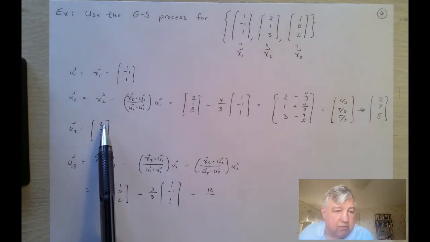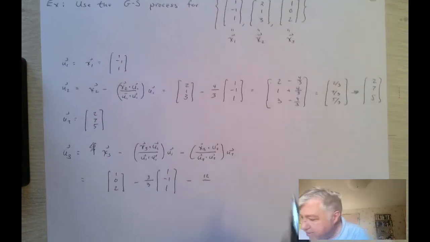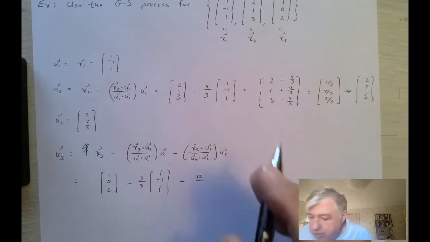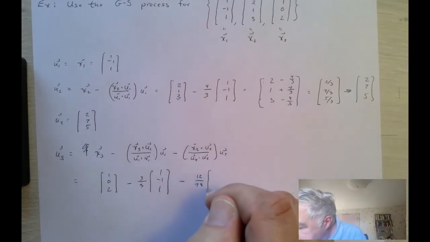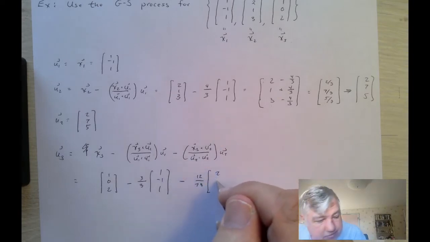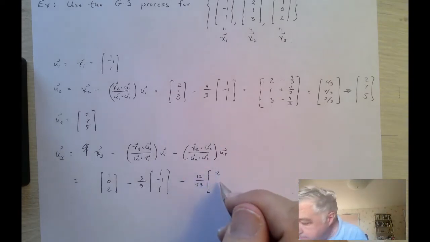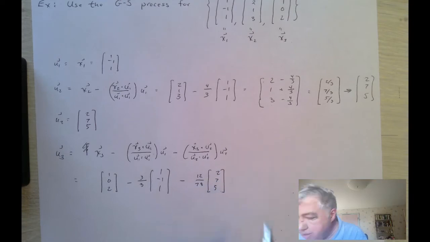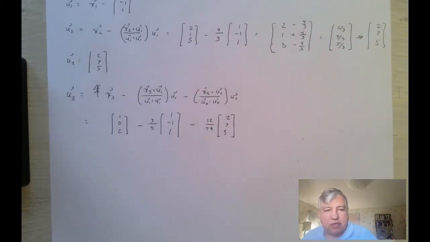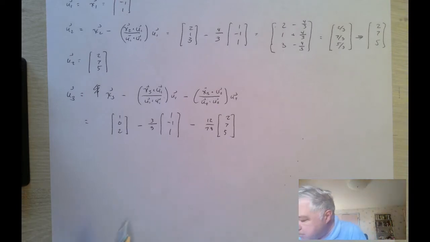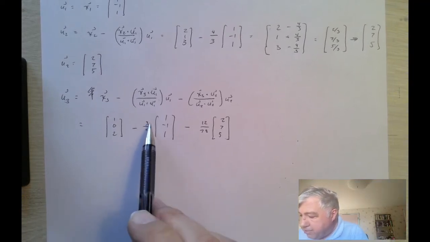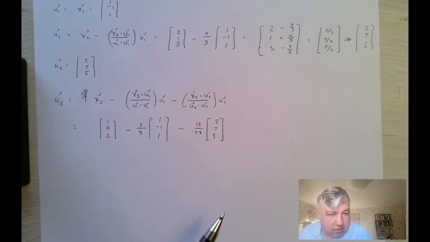That's actually 78 when you add everything up. So this will be 12/78 times 2, 7, 5. And this is where the calculations get really ugly. So you just want to give yourself enough time and work through this. You need a common denominator. We're fortunate that this 3 over 3 is just 1.